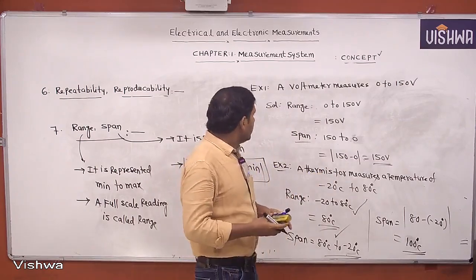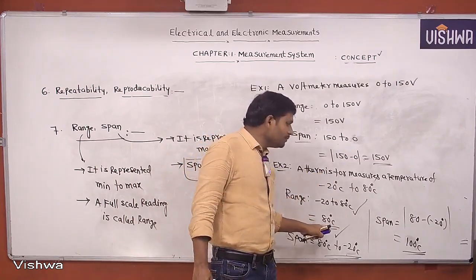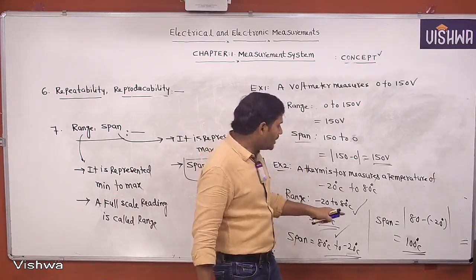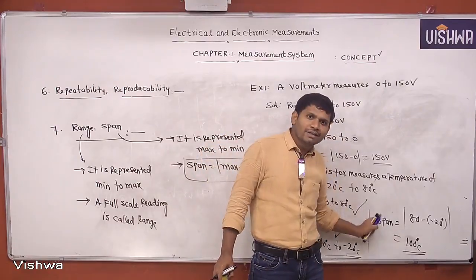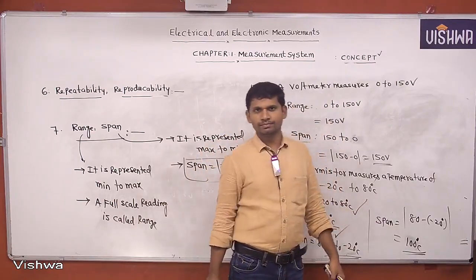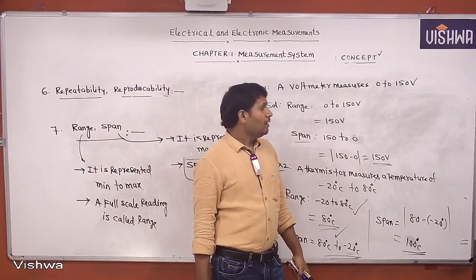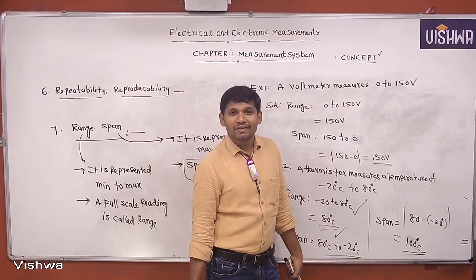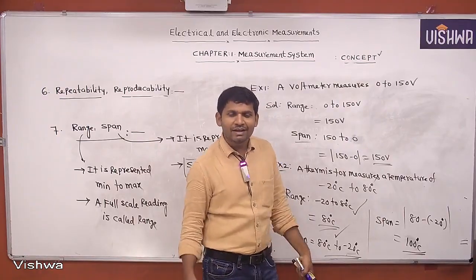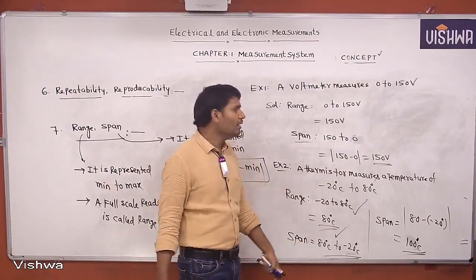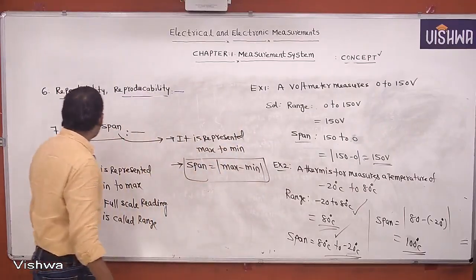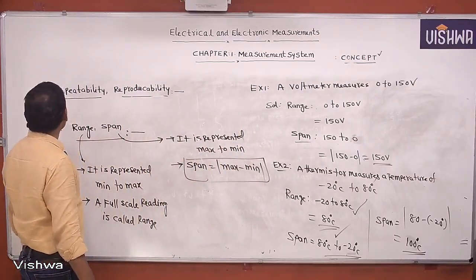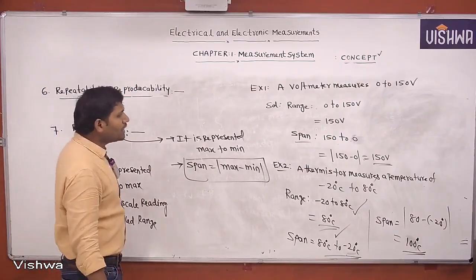See here, how much range are we getting? 80 degrees centigrade. How much span are we getting here? 100. Is range equal to span? No. That's why range is not always equal to span. That depends on the calibration of the scale. Okay, this is about the range and span of an instrument, and the repeatability and reproducibility of an instrument.